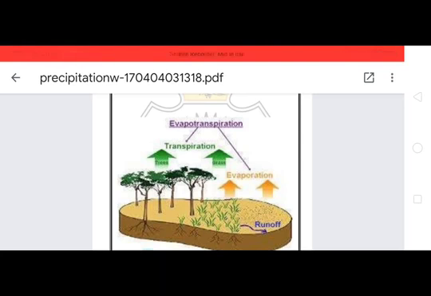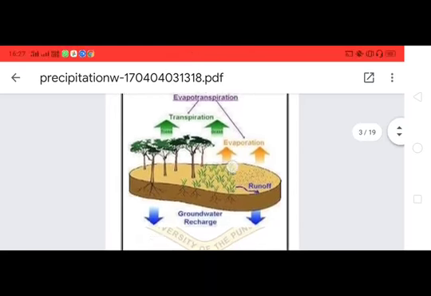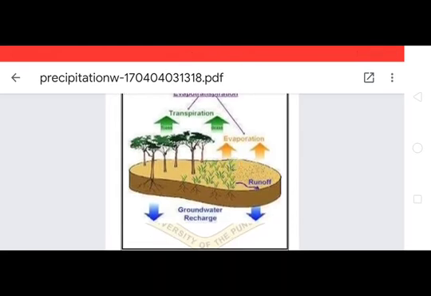So this is also a form of evaporation. Evaporation plus transpiration makes the word evapotranspiration, as you can see from this picture.